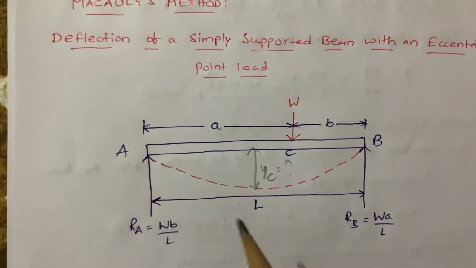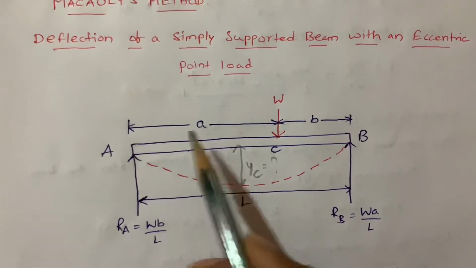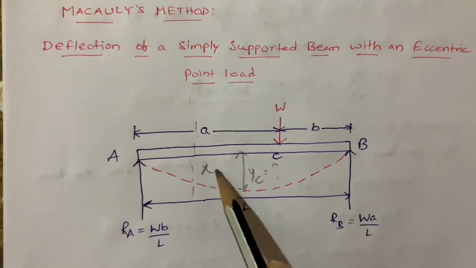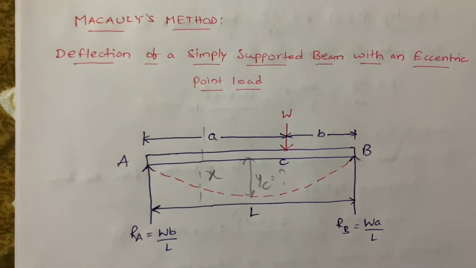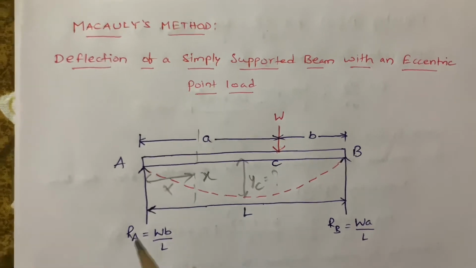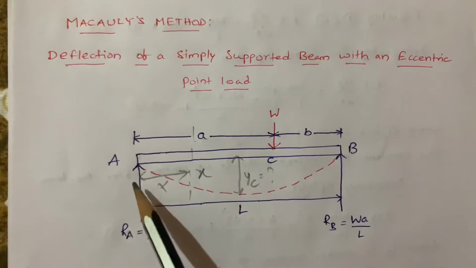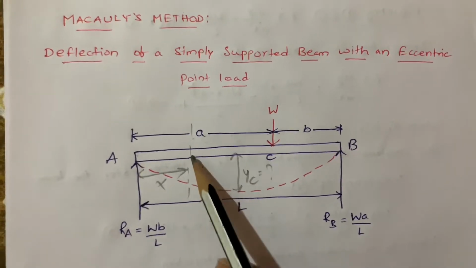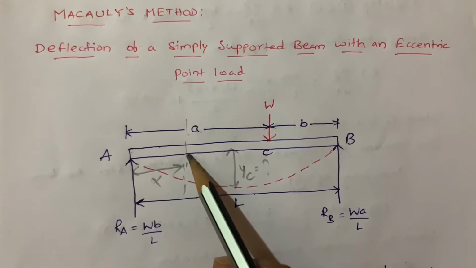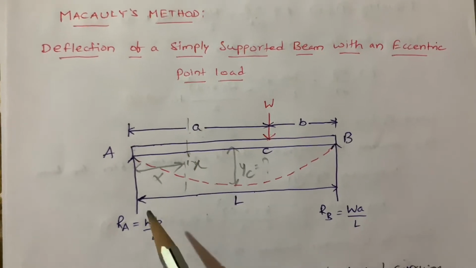I'm taking one section from A to C, and I'm considering this distance as X. I'm taking the moment at this section X. The moment at X is force into perpendicular distance.